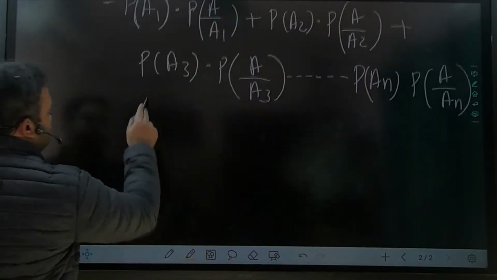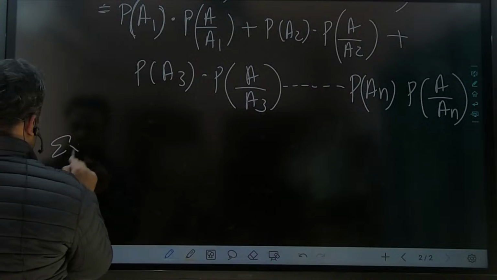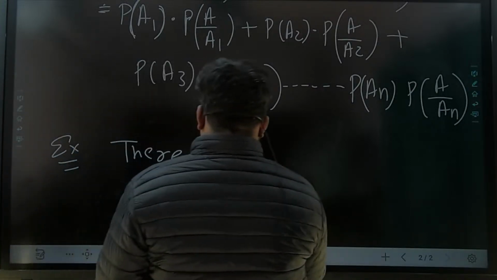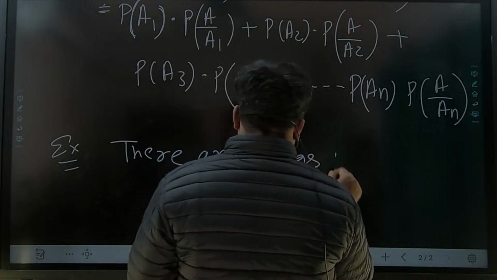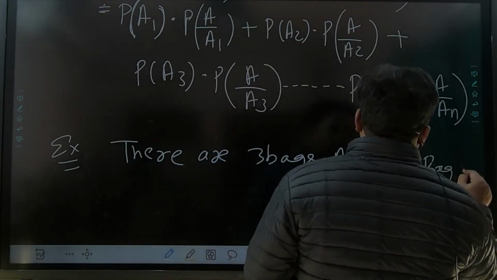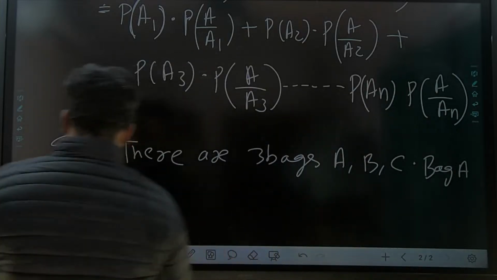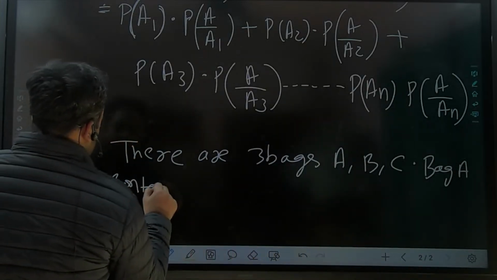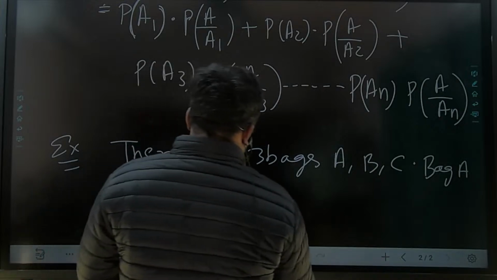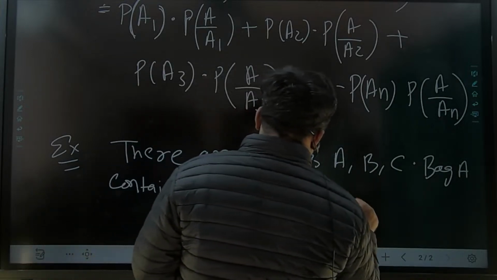Example. There are 3 bags A, B, C. Bag A contains three red and four green balls.